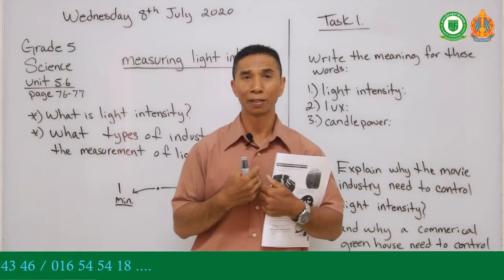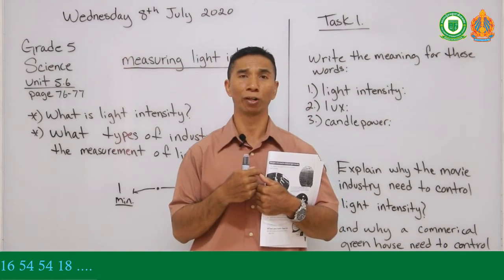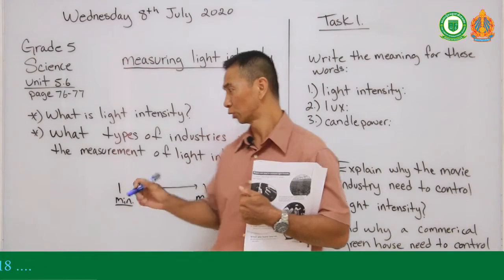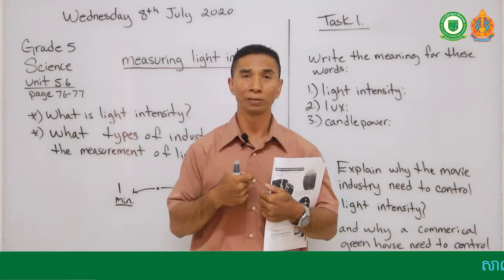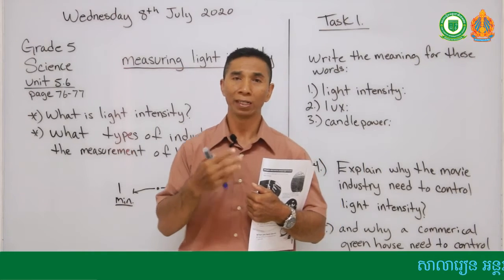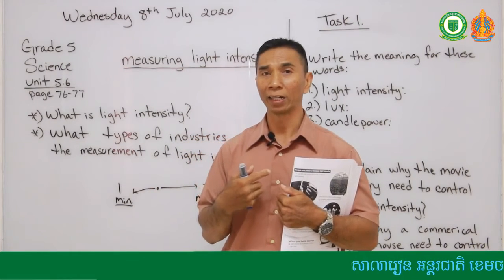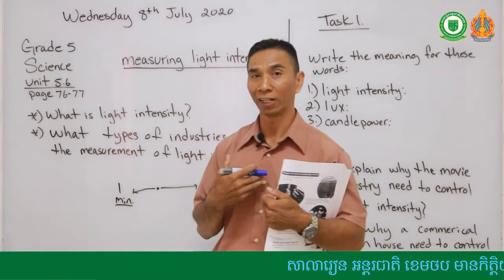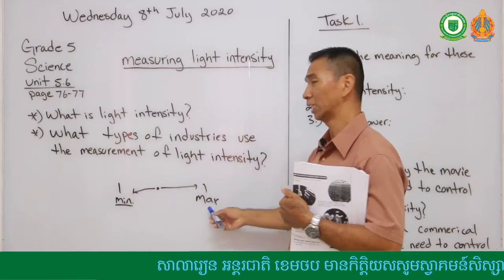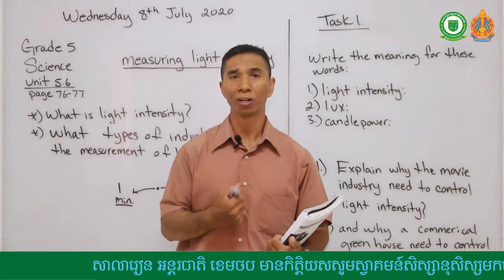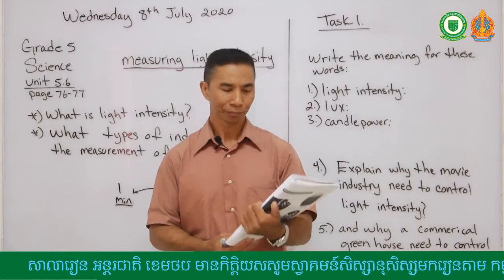So if you want to see me in a dark room or a real blurry room, you would control your light intensity to the minimum, so all you probably see is a shadow of me. But if you want a brighter and clearer picture of me right now in the video, you can adjust your light intensity to the maximum so you can see me very clear, right?